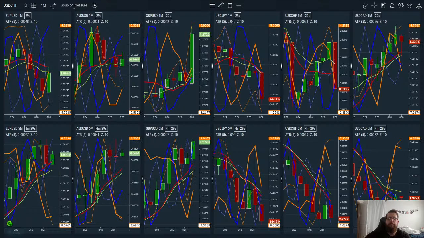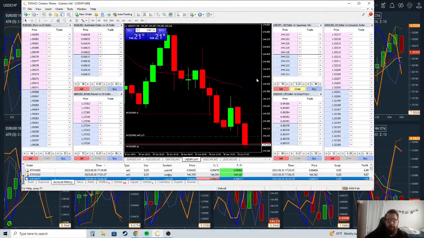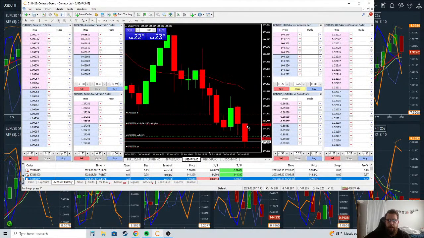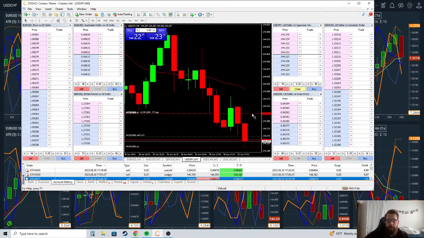Oh wow, we're already almost. I almost moved my stop loss to break even. It would have just taken me out immediately. Oh man, it got so close.